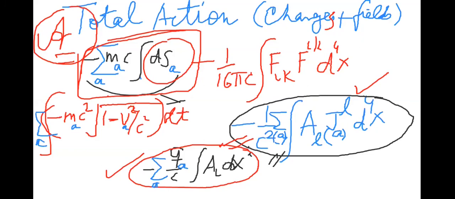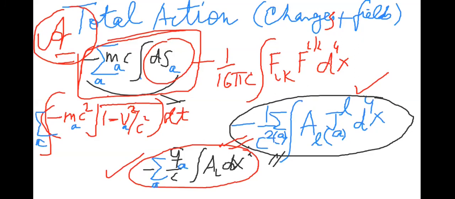Sir, please repeat again the physical significance of the second part, 1 upon 16 pi c, F_ik F^ik d4s. Right, so this is the free field term. It is coming directly from the fields. If you don't want to consider anything else but the fields alone, then you will have F_ik F^ik.